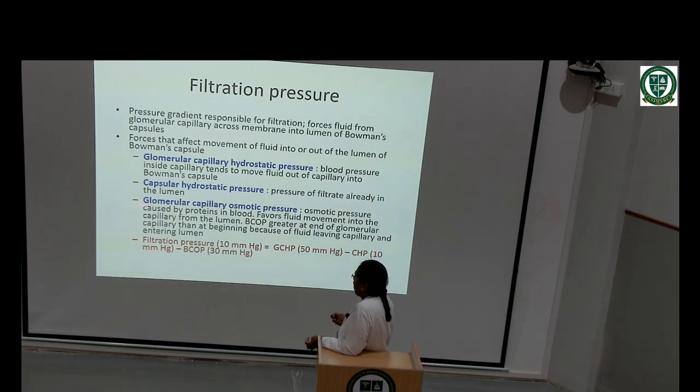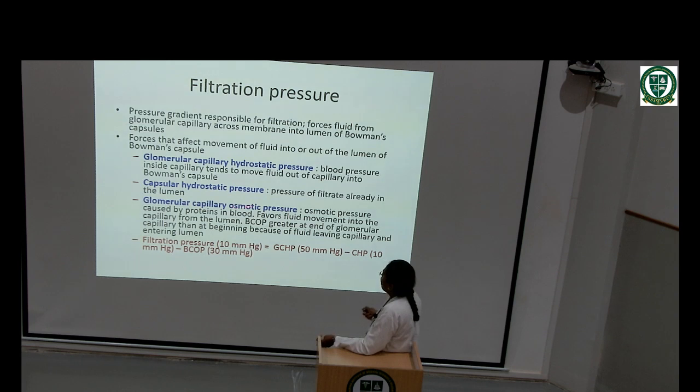Third is glomerular capillary osmotic pressure. That osmotic pressure caused by proteins in the blood favors fluid movement into the capillary from the lumen of the Bowman's capsule. It is greater at the end of the glomerular capillary than at the beginning because of the fluid leaving the capillary and entering the lumen, that is around 30 mmHg.